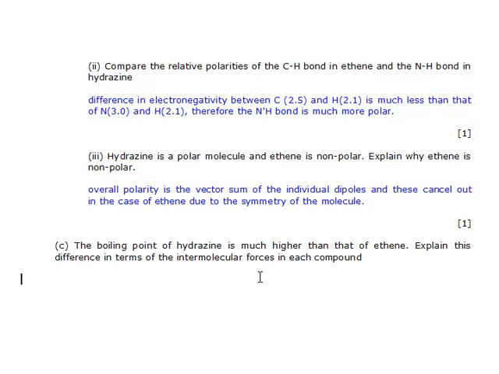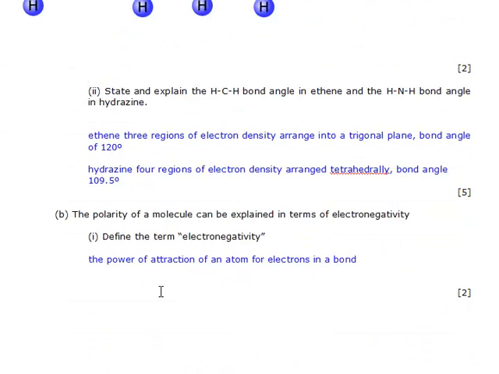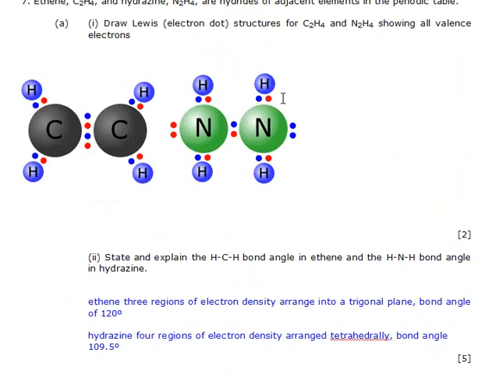The boiling point of hydrazine is much higher than that of ethene. Well, let's go back and have a look at them and see if we can see why. So this has got a much higher boiling point. We can see that nitrogen, which is electronegative, is attached to hydrogen. This allows the hydrogen to bond to other hydrazine molecules using hydrogen bonding.